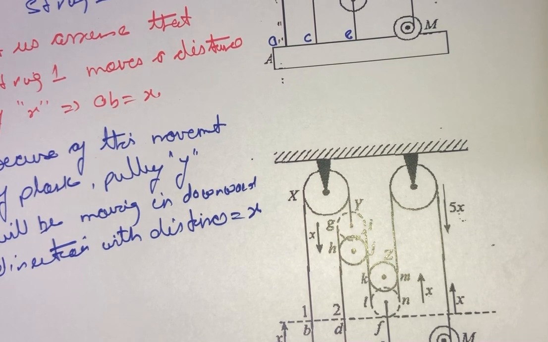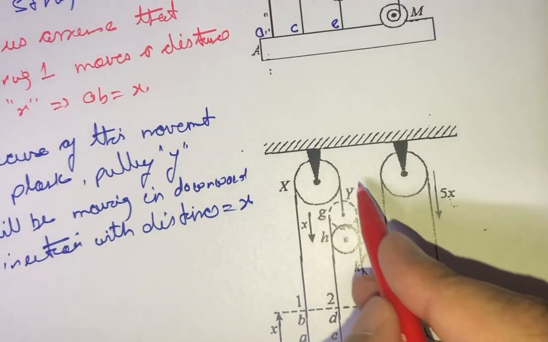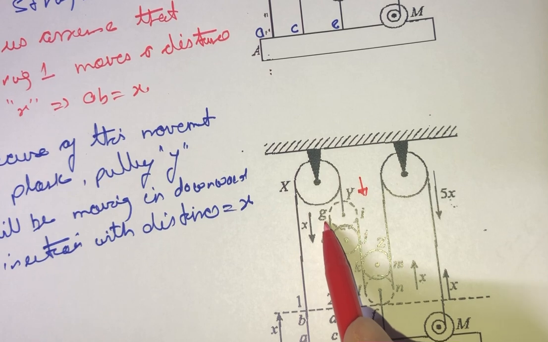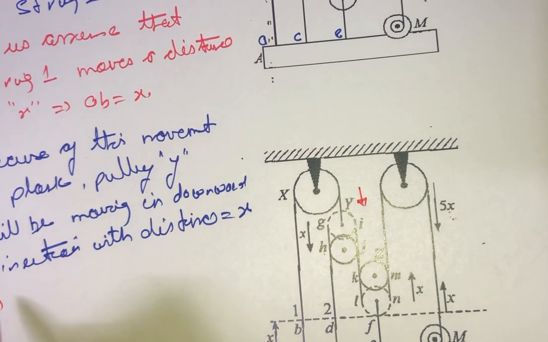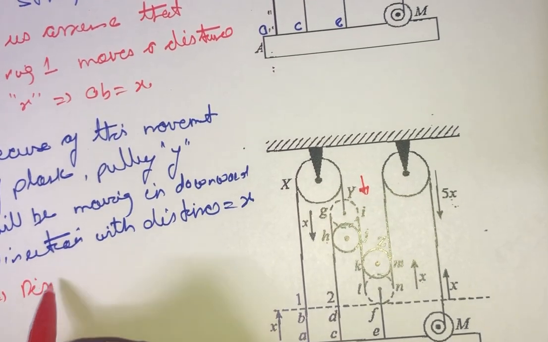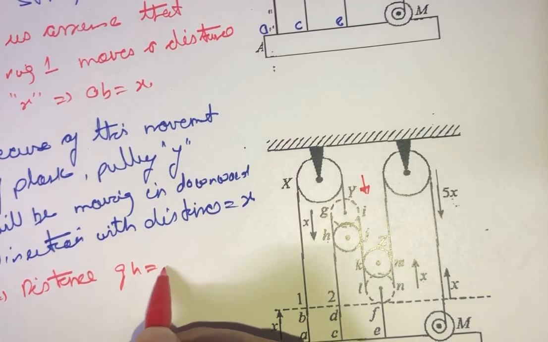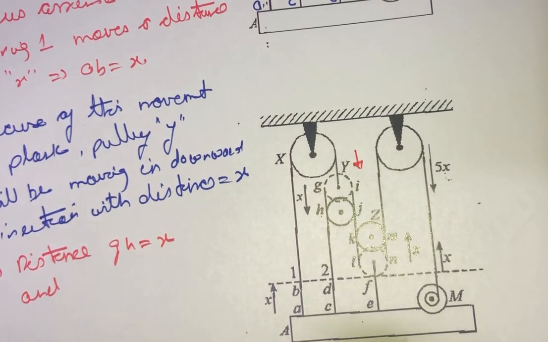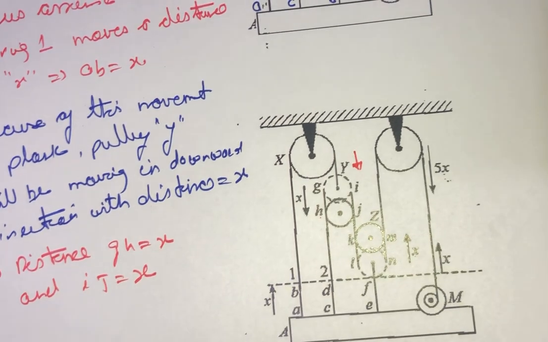Okay, and because of the movement of pulley Y in the downward direction from the initial position GI, it will come to the new position HJ. So we can say that the distance GH will be x and IJ will also be equal to x.